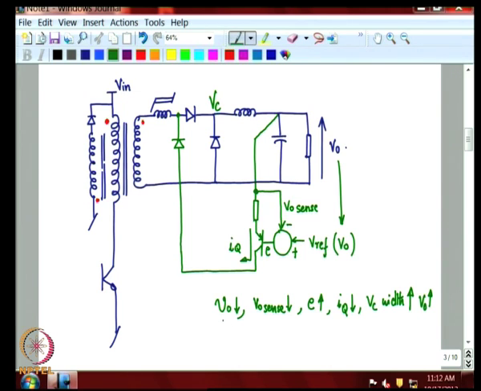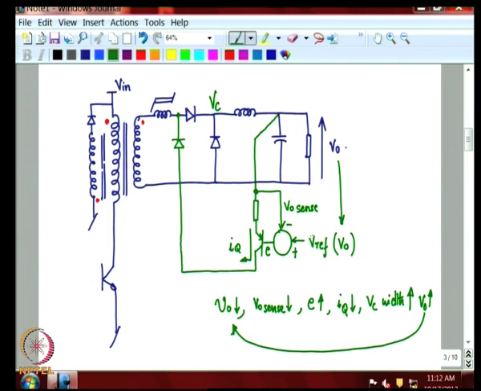So, this tries to bring this back to the original condition. Likewise, when V naught increases, V naught sense increases, error decreases, IQ increases, VC width decreases and V naught is decreased and brought back to the original state. So, this is the control action that is happening.